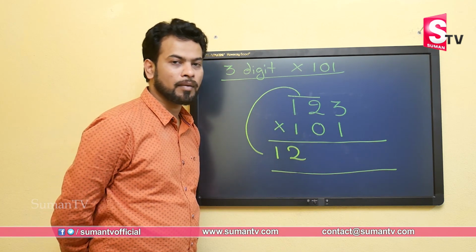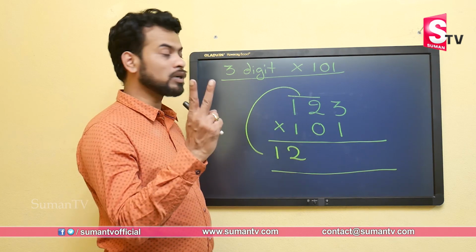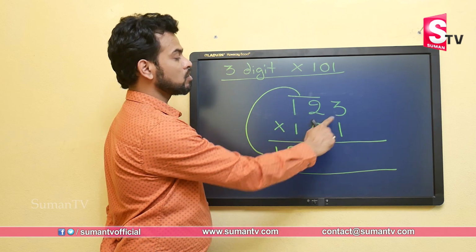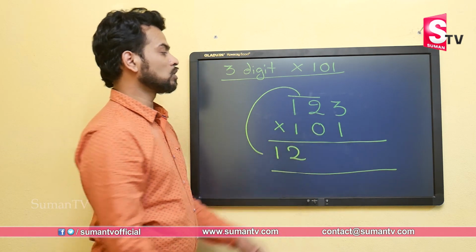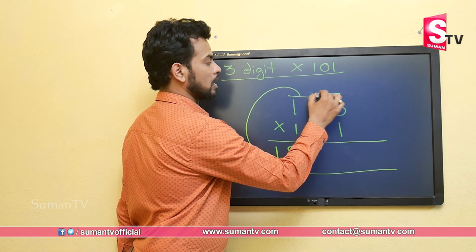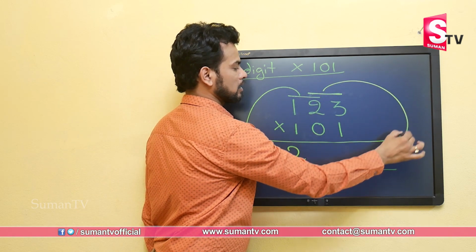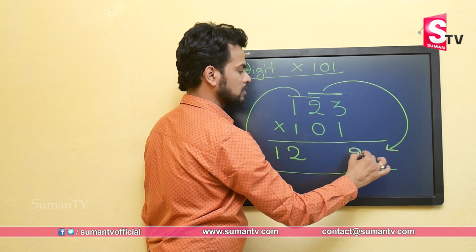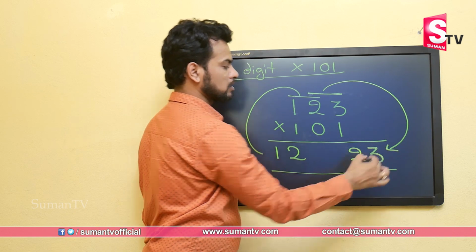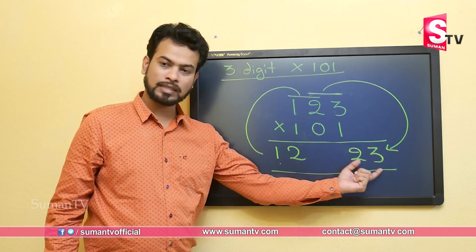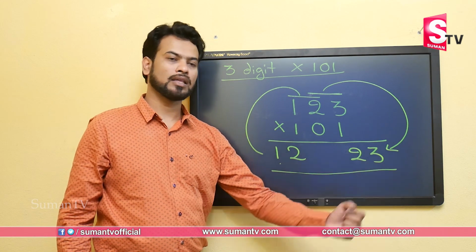Now in second step we need to find 2 digits towards the right side of this number. In 123, the right side 2 digits are 2 and 3, 23. So again in second step, we will take this 23 and place as right side answer. So in left side answer we got 12, in right side answer we get 23.